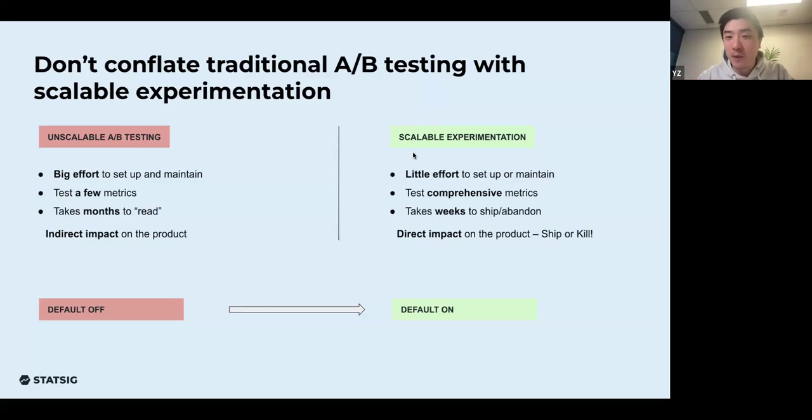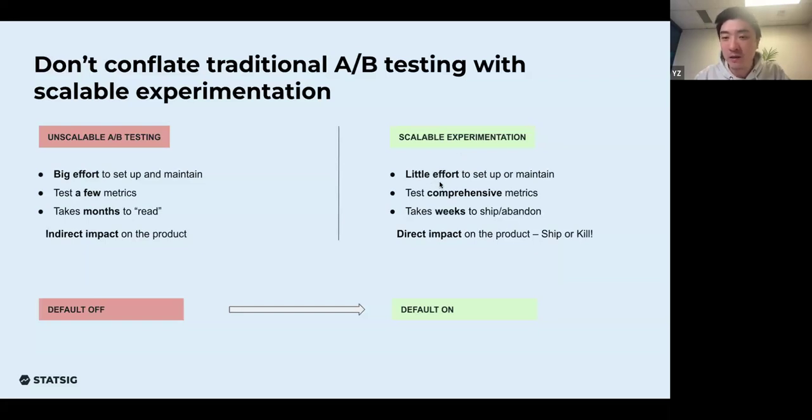But scalable experimentation, this is the practice, I think, started with Google and Meta, and then a lot of modern companies, and today Notion, Figma, OpenAI, they all use this. They run hundreds or thousands of experiments every day. And these experiments cost little effort to set up and maintain.